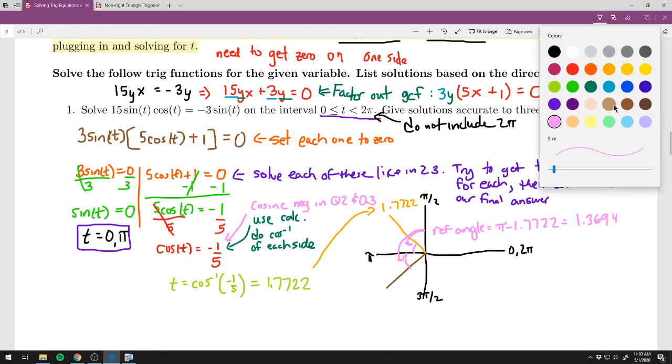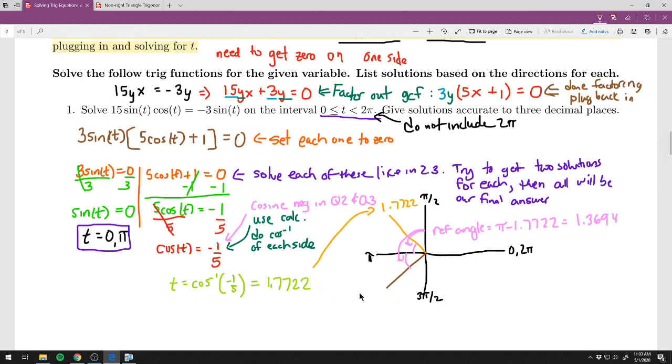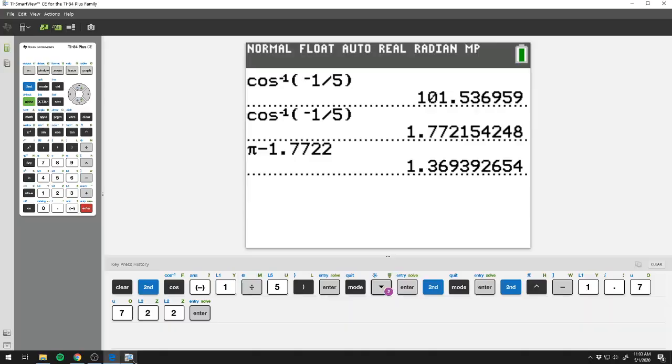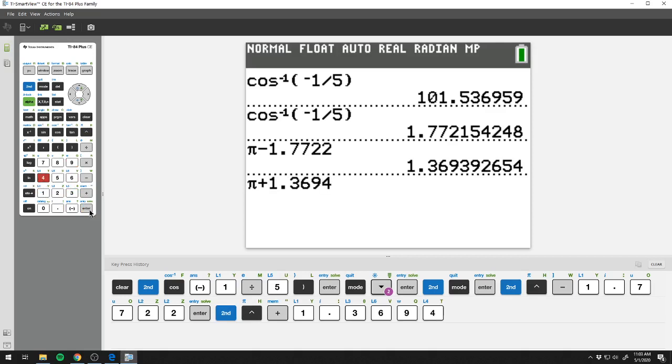Since we now know that the reference angle is the same, our angle in quadrant 3 here would be pi. Since it's beyond pi, it's pi plus 1.3694. Let's go ahead and compute that. And you get 4.511.